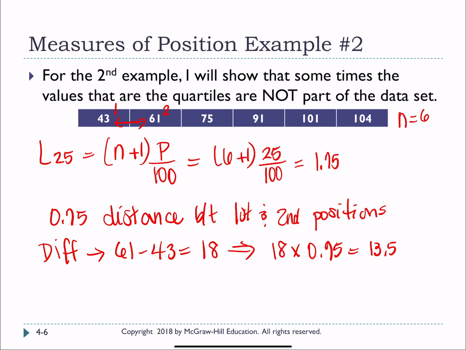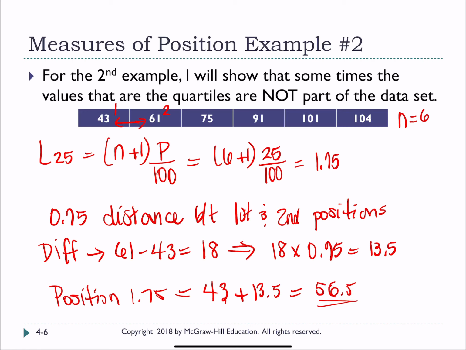So the value at position 1.75 is the starting position 1, 43, plus 13.5, which is 56.5. So that is my first quartile. Okay? And again, I'll make sure I have another video that works another example like this.